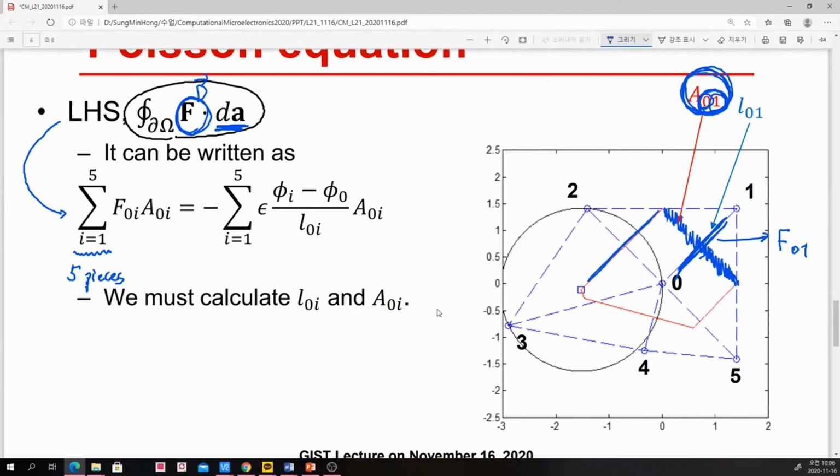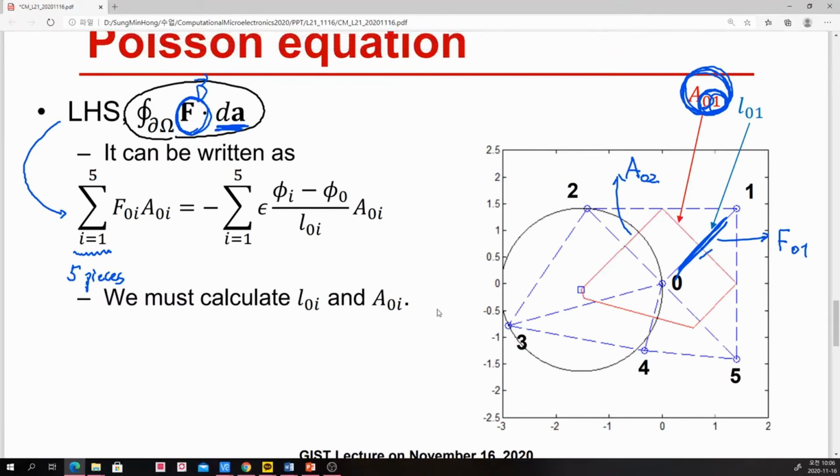So that will also be the edge connecting 0 and 2. This one will be the area perpendicular to the edge connecting 0 and 3, and so on. So you will have this notation.